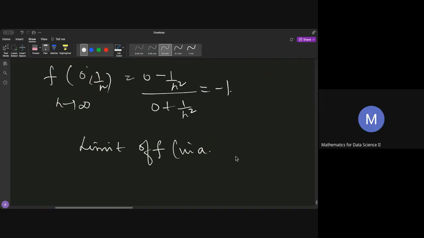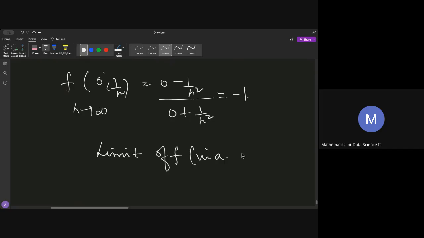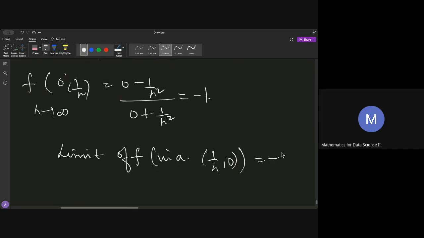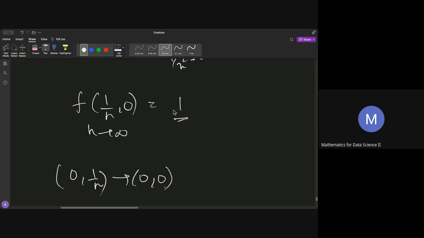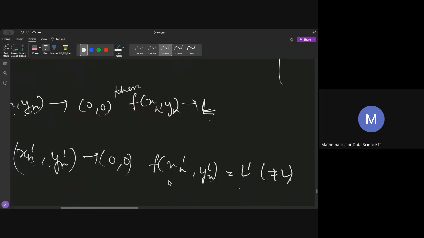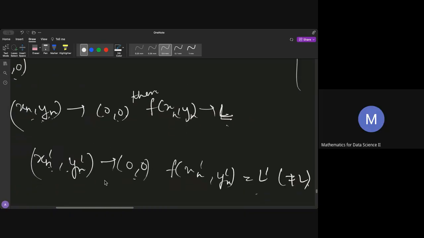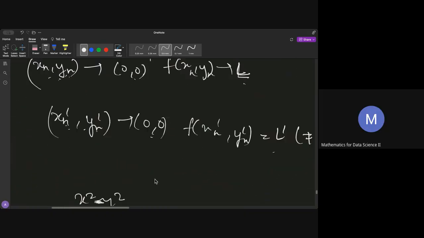The limit of f via the sequence (0, 1 by n) is minus 1, and the limit via the other sequence was 1. And because you found two sequences, that means you have two ways that lead you to (0, 0). Both of them are going to (0, 0).